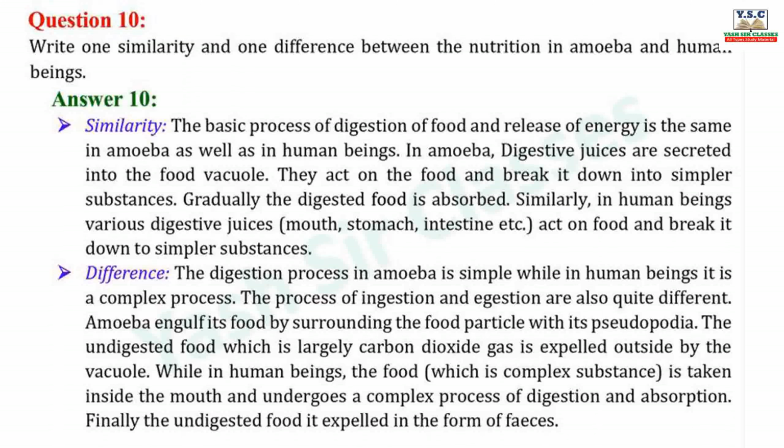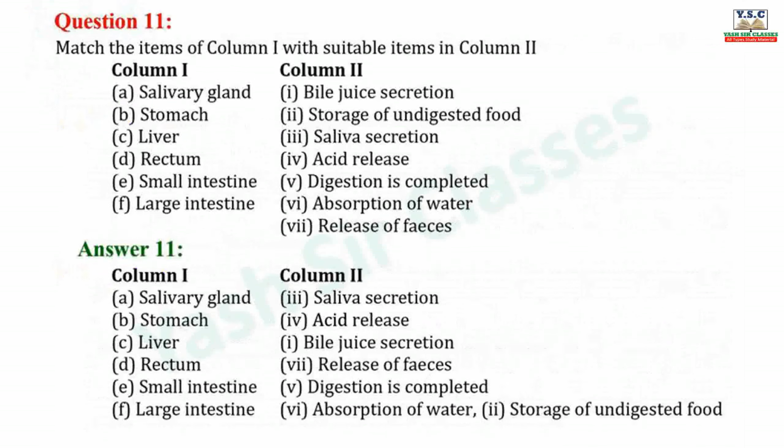While in human beings, the food, which is a complex substance, is taken inside the mouth and undergoes a complex process of digestion and absorption. Finally, the undigested food is expelled in the form of feces.